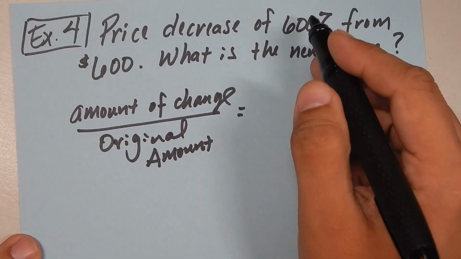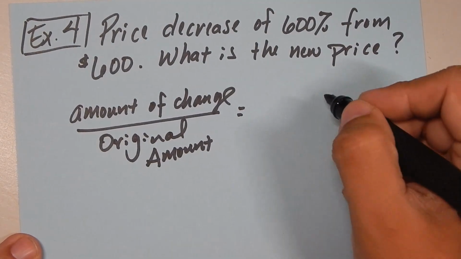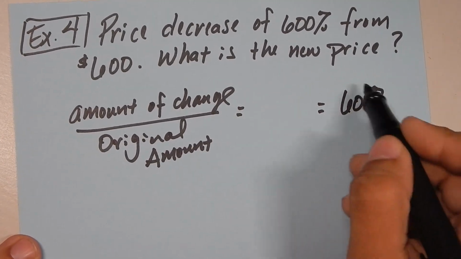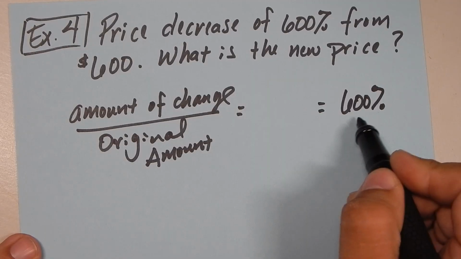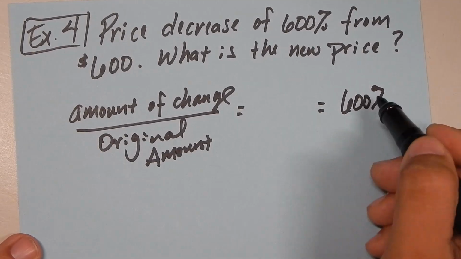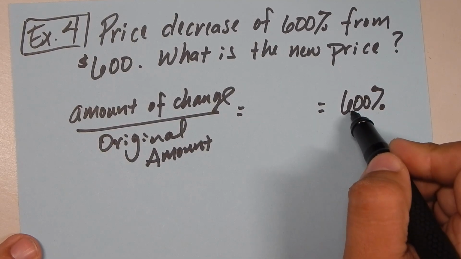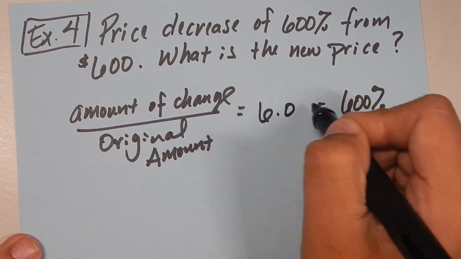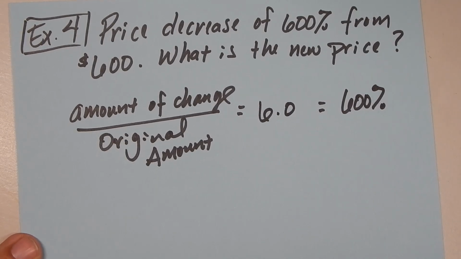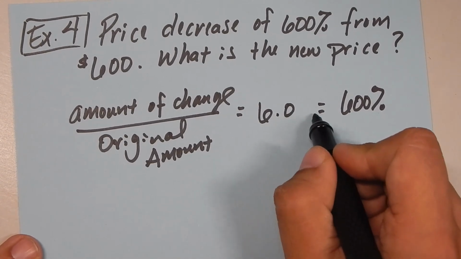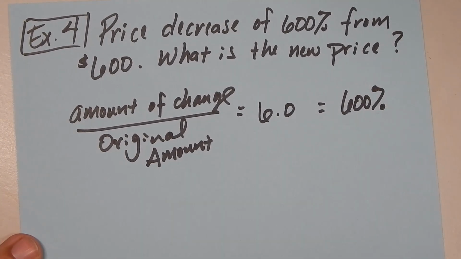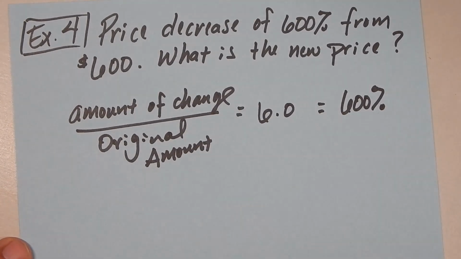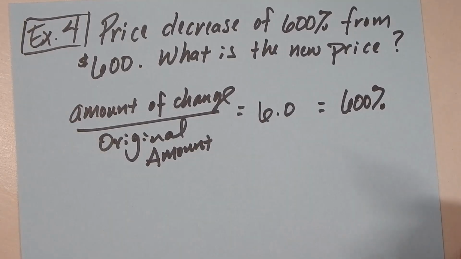So in this case, our decimal number is going to be, I'm going to come over here, because we have this 600% is what we changed our decimal number into. So we're going to move this decimal point back to the left to give us our decimal, and this is just 6.0. We could add the other 0 in there if we wanted to, but if we move this over 2 spaces, we see how we get to that 600%. So the amount of change over the original amount is 6.0, or just 6.